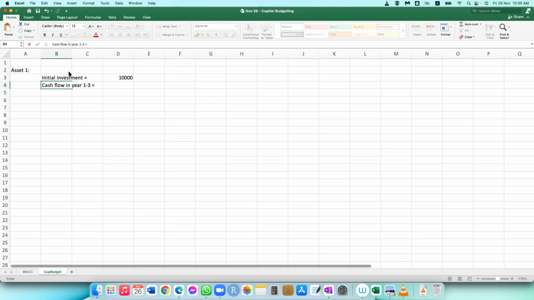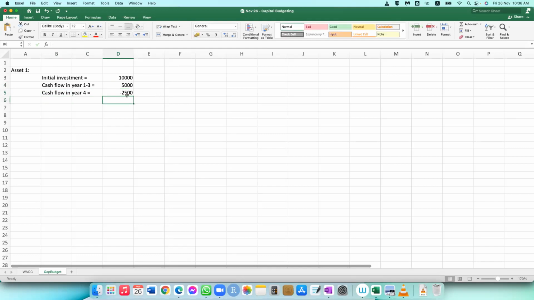For the first 3 years, the cash flow is going to be, let's say, 5,000. Cash flow in year 4 is minus 2,500.